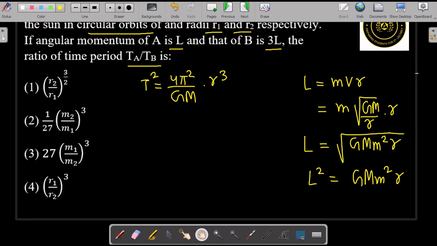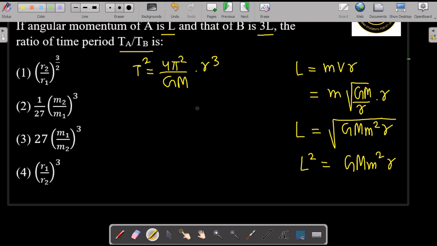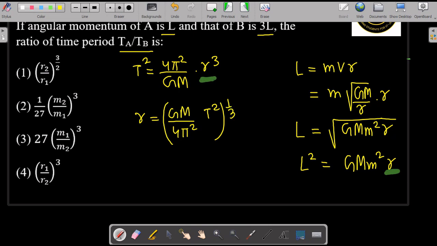The radius factor is coming here. I think the radius factor can be completely eliminated, isn't it? So from here, the radius, if you calculate, will be GM by 4 pi square T square, power 1 by 3.